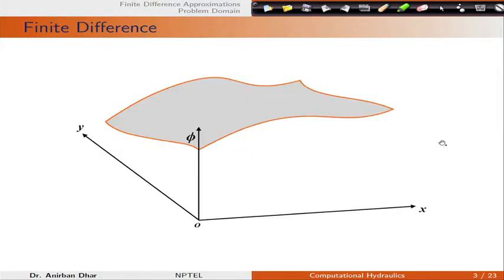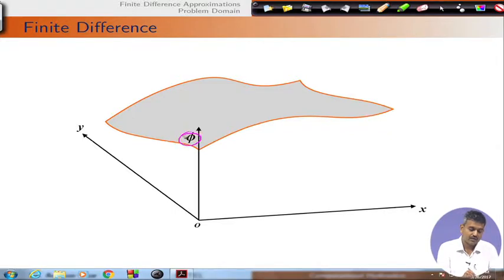Let us consider a surface in 3 dimension, and with x and y this phi surface is varying. So, phi is a function of x and y only.